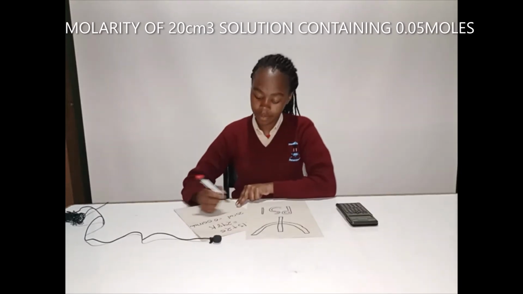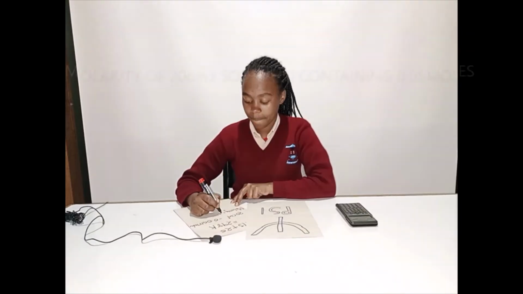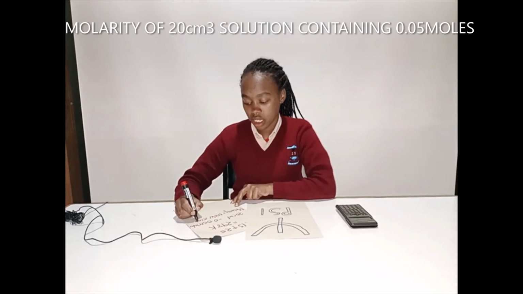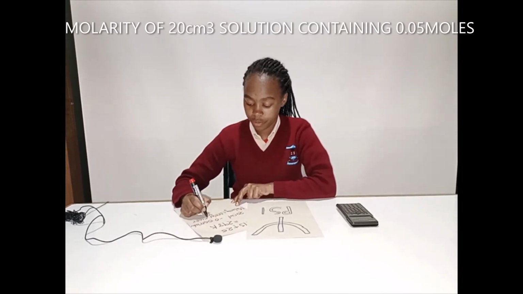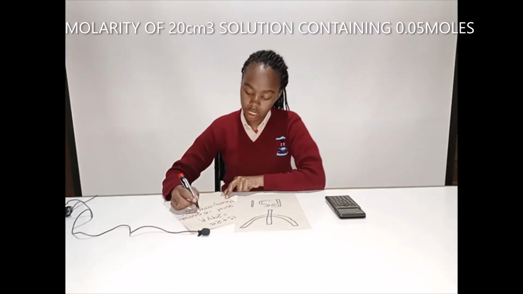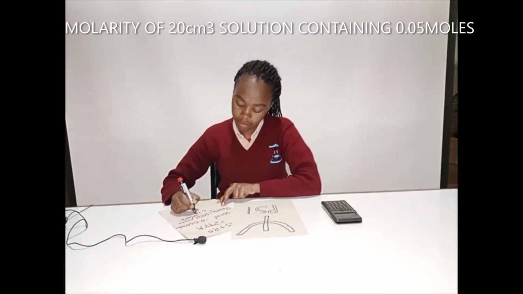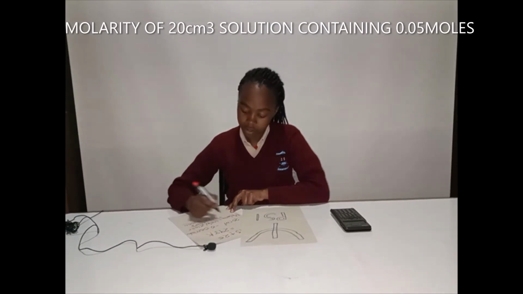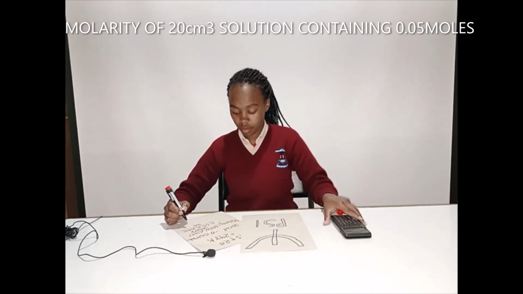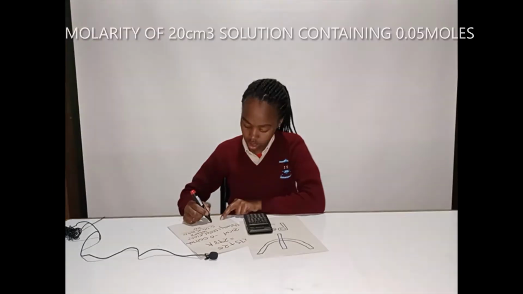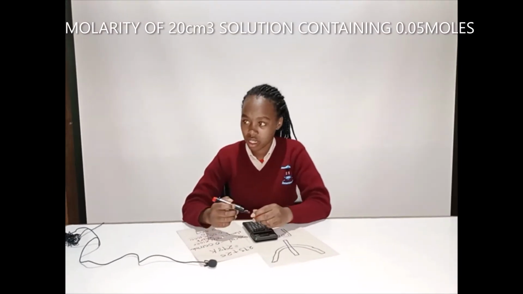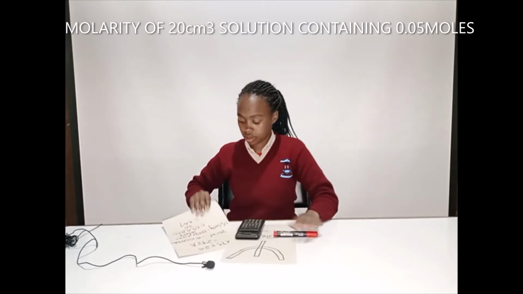The molarity is given by moles, you multiply by 1,000 over the volume. Our mole number is 0.05. We multiply by 1,000 over the volume, which is 20. It gives us 2.5 moles. Okay, can you display that one?